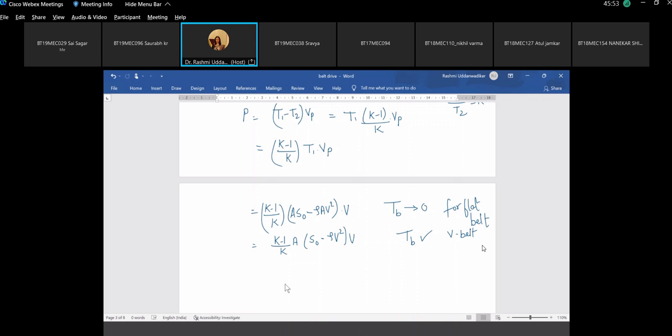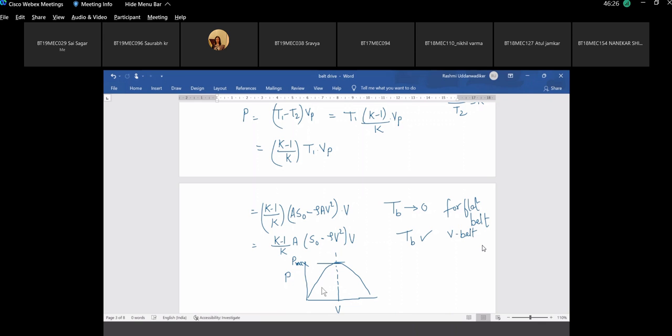So if a graph is plotted between the power transmission and velocity, for the initial period of velocity increase, the power increases and later this power will decrease. So this is the maximum power, P max.